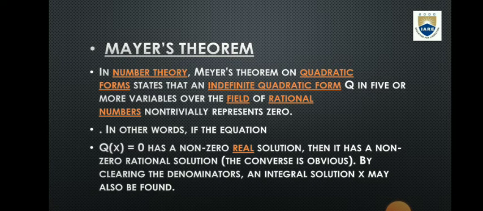In other words, if the equation Q(x) = 0 has a non-zero real solution, then it has a non-zero rational solution. The converse is obvious. By clearing the denominators, an integral solution x may also be found.